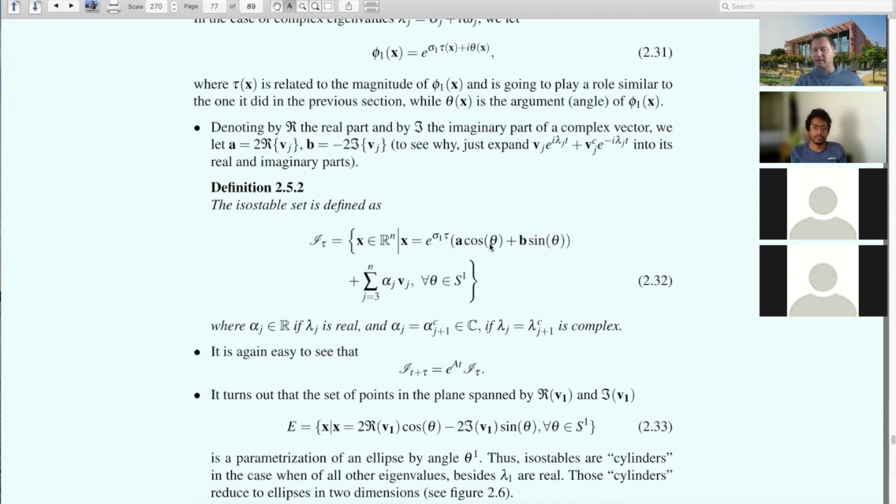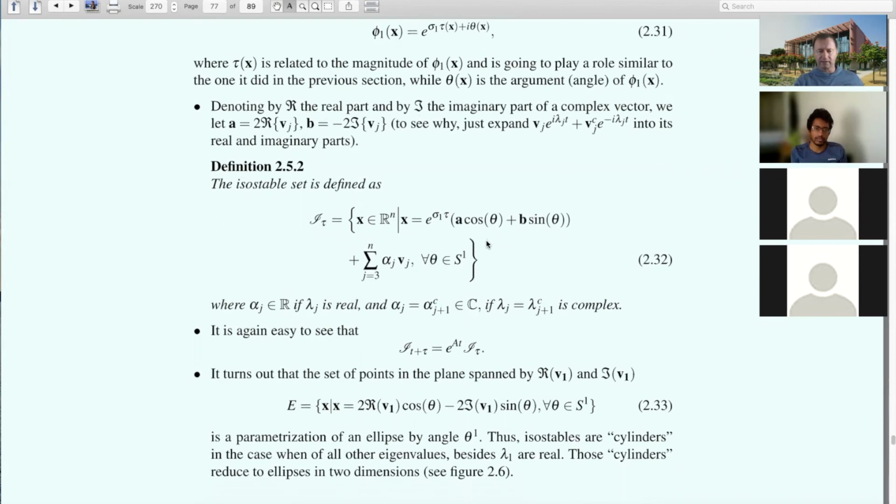If you vary theta, that's going to be an ellipse in a 2-dimensional plane. I'll show you that in a second. Plus the remainder is the sum from 3 to n of alpha j vj. So this is again going to be a plane. So it's some ellipse that kind of, for each point on the ellipse, you attach to it a plane.